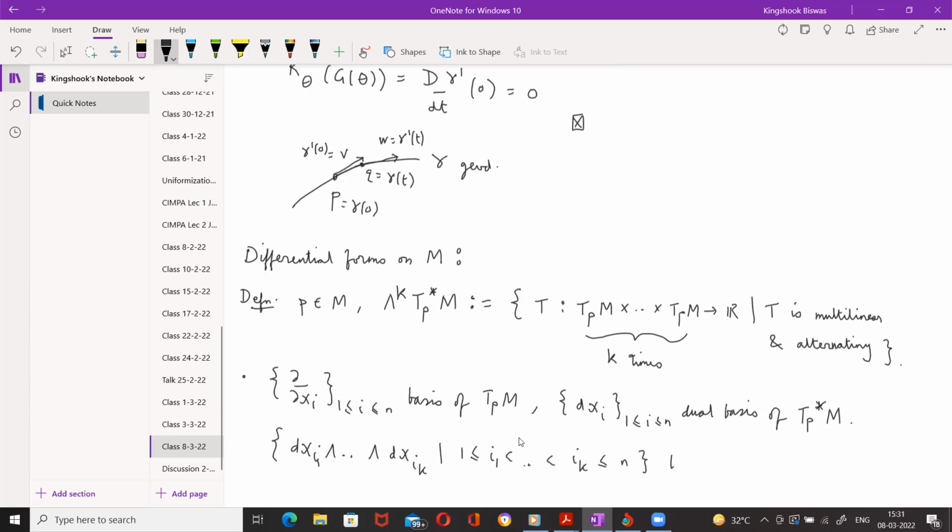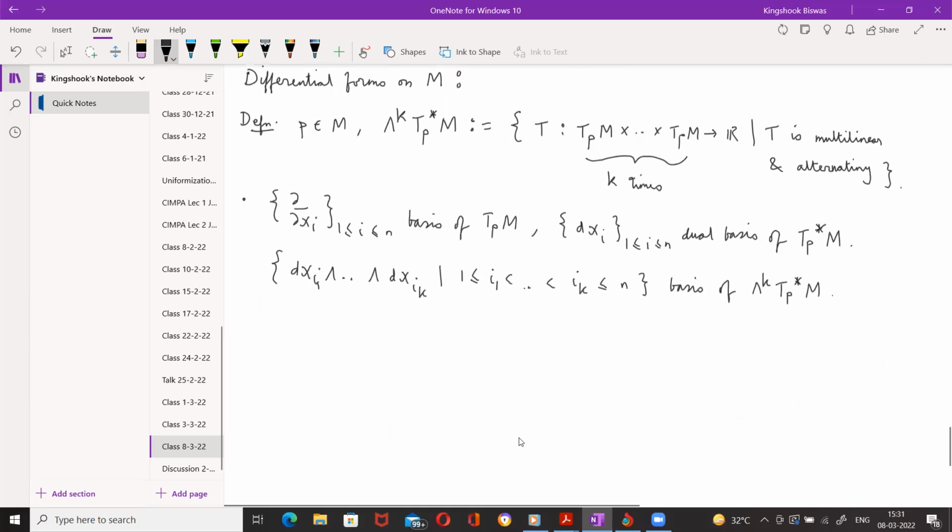This is a basis of wedge^k T_P^* M. Is this clear? Yes, sir.